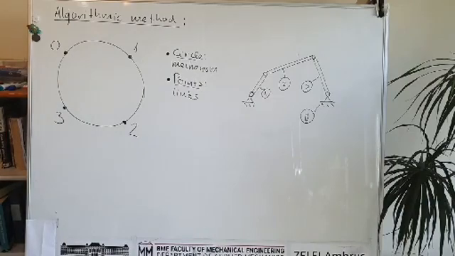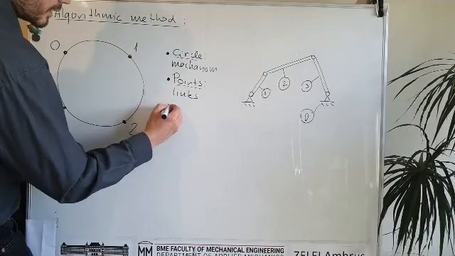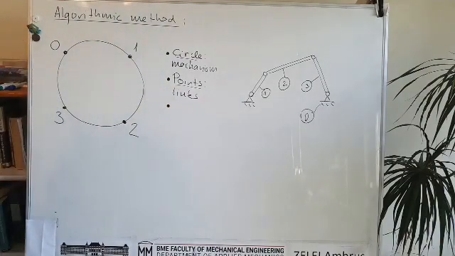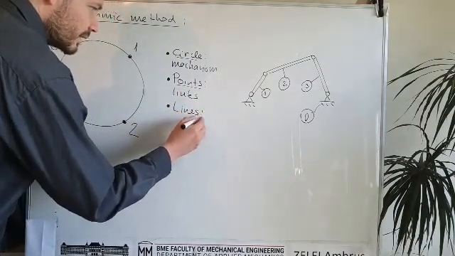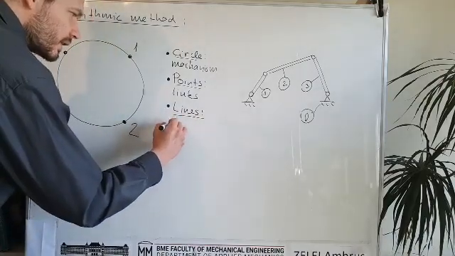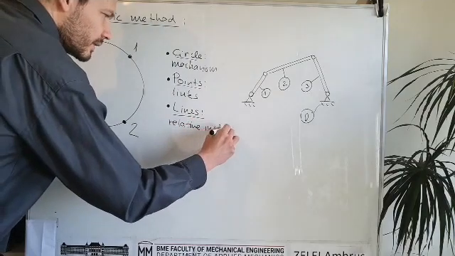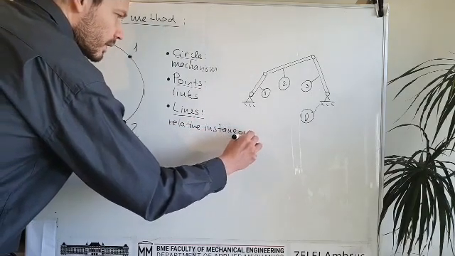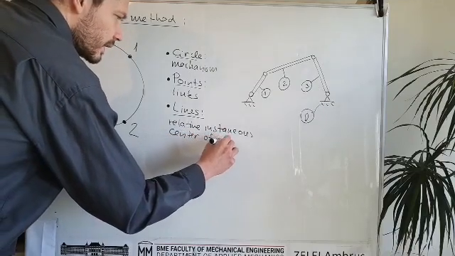And then we can draw the so-called relative poles or relative instantaneous center of velocities, and these will be lines on this graph. So the lines are playing the role of the relative instantaneous center of velocity.